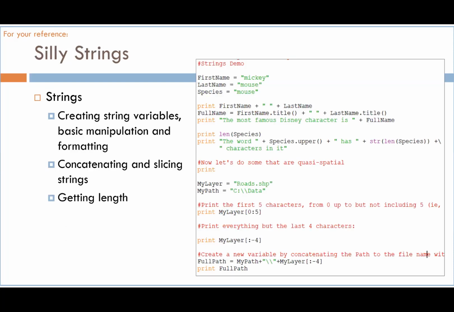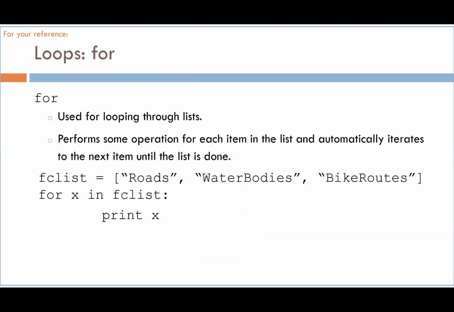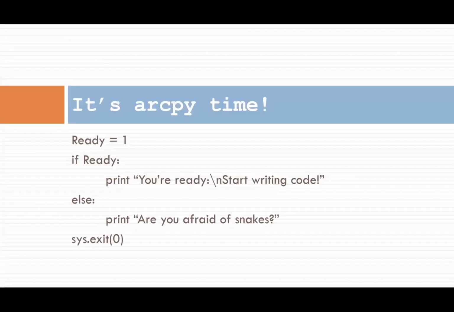Some screenshots here of working with strings and how we can create strings and do indexing or slicing. A sample of how you can work with a list and loop through a list. More lists. What an if statement looks like. So just for your reference, if this is new to you, you have it in here. You can take a look at it.